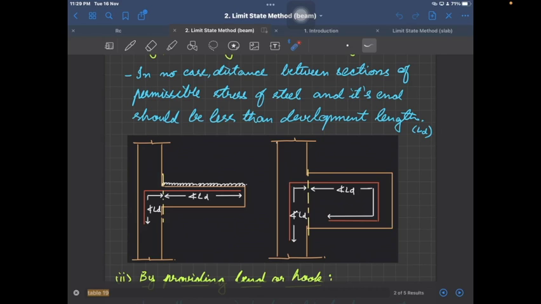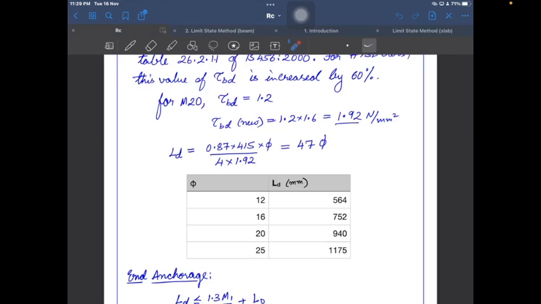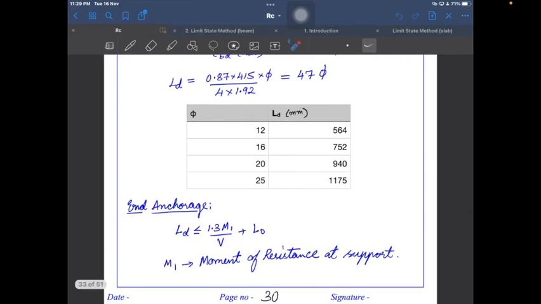If space is not sufficient, we need to fold it. It's something like that. But from this point onwards till the end of the bar, the length inside the concrete should be more than LD, not less than LD. That is the story.